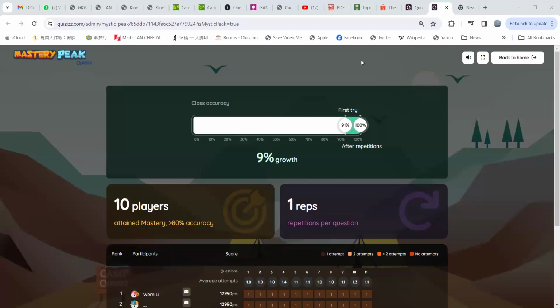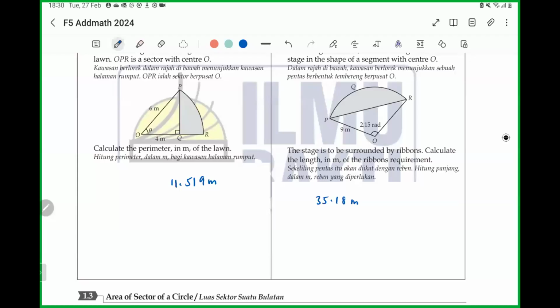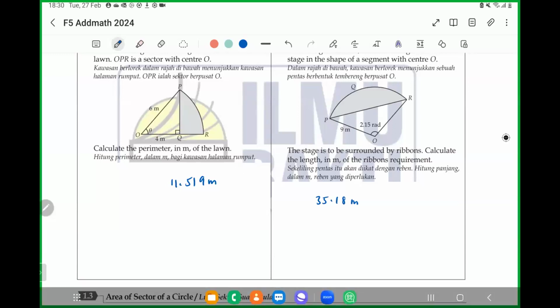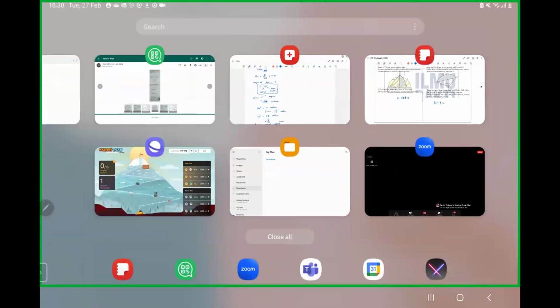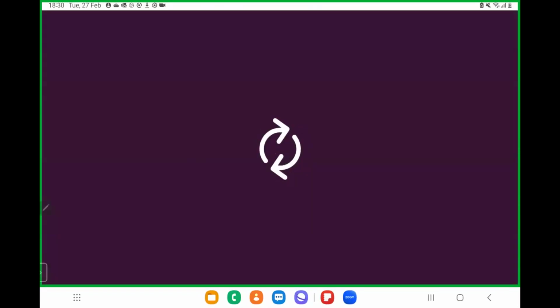Wait, let me resume sharing and then stop sharing from here first. Okay, now you can see my screen with our work there, right? Why do I still hear the music?